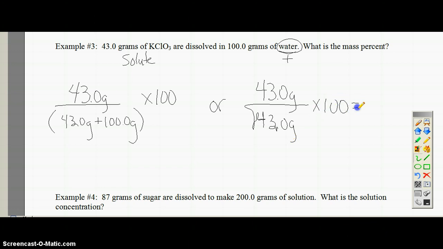And either one of these is going to give you an answer of 30.1%. Again, looking at sig figs, 43 grams is 3 sig figs, 100.0 grams is 4 sig figs, so we're going to keep 3 sig figs in our answer.